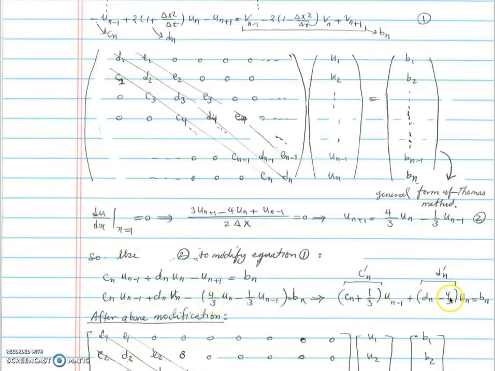You get Dn minus 4/3 times un, this is equal to bn. So let's call this C prime n and D prime n. All I did so far is I rewrote this last equation in this form, where I have only un minus 1 and un. I do not have un plus 1 anymore.